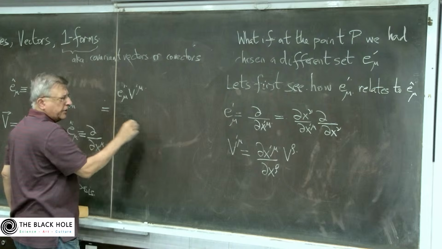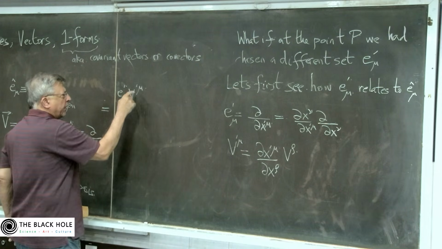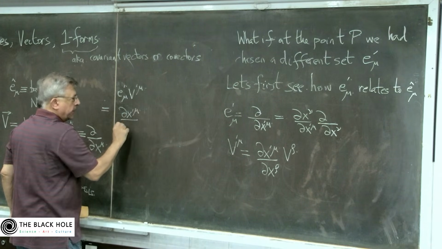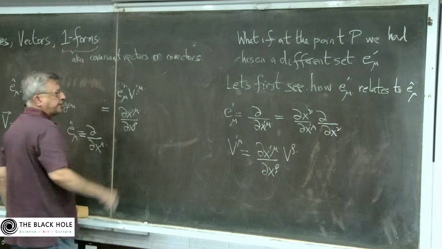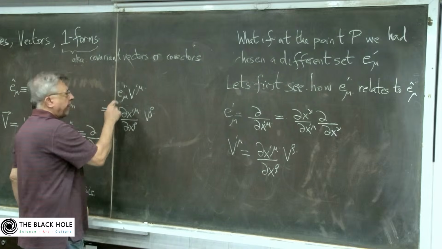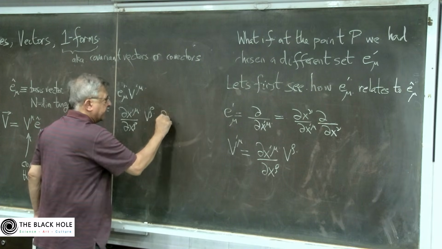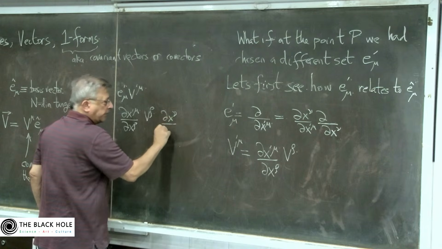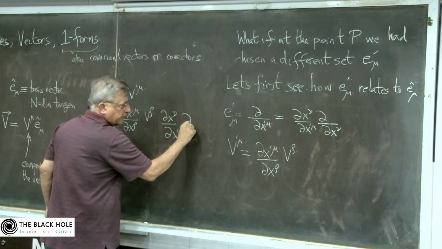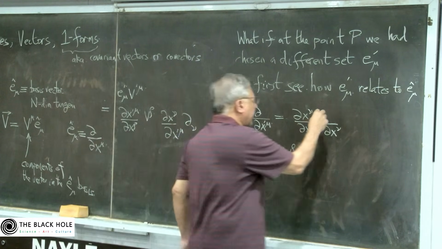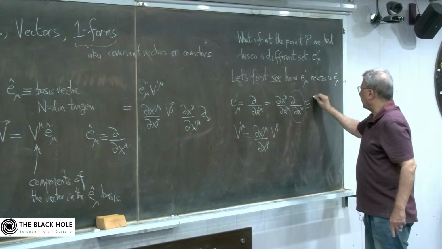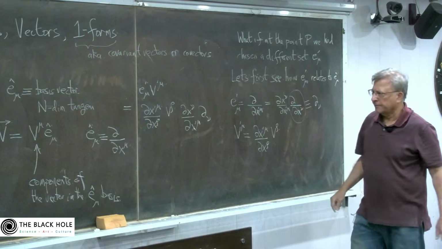V prime mu I'm writing as this, V rho, and E mu prime I'm writing as this dx mu. We always like to abbreviate things, so this is called d nu.